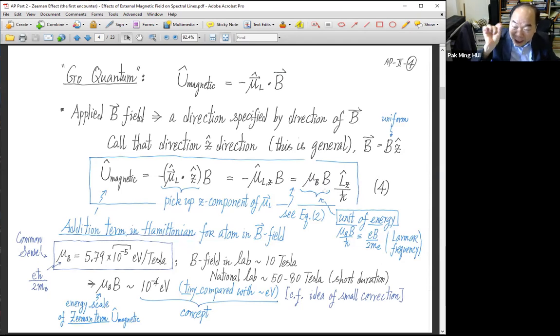That cannot be maintained for, I think, over a few seconds. In the lab here, we can buy a magnet of about 8 Tesla. So only order 1, that's what I want to say. This B field, 1 to 10 Tesla. And then we have picked up the Z component of the orbital angular momentum. All right, so this is the perturbation term.